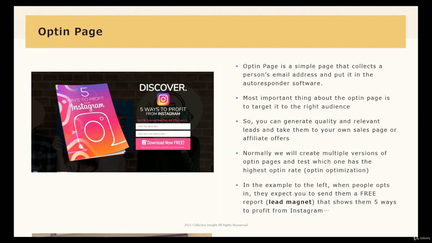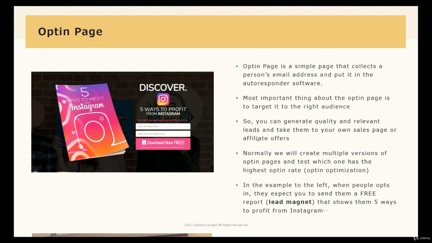And I have a huge button right here, download now for free. All these are here to increase my opt-in rate. And of course, it's super relevant to whatever I'm trying to sell, because I'm trying to sell an Instagram book and in the end a course. So having a free report makes sense here, and it does help in boosting up my opt-in rate.